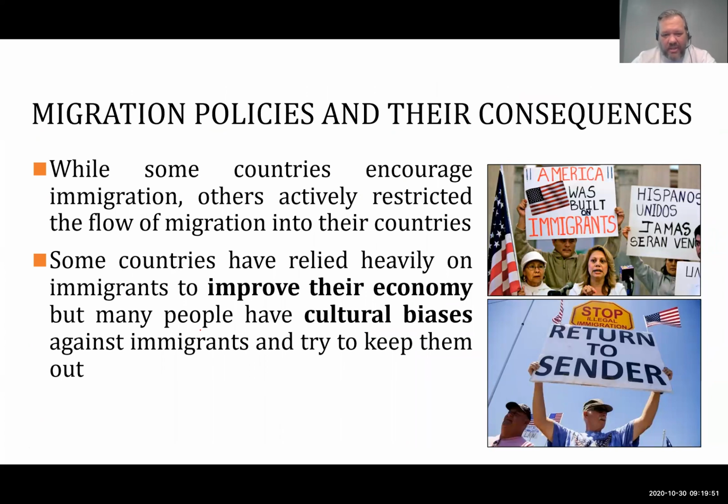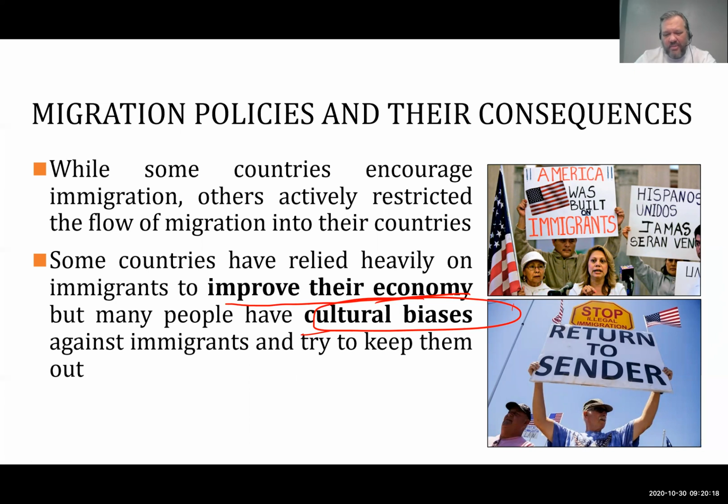All right, and then the last little bit, some of the migration policies and their consequences. Again, like we've talked about, in the U.S. and other countries, immigration tends to improve the economy. Okay, and there's debate about this, but not a whole lot. As a net, immigration has a net benefit. Now, one of the problems comes in when we look at things like cultural bias, and those fears of different cultures often arise when job opportunities become more scarce.